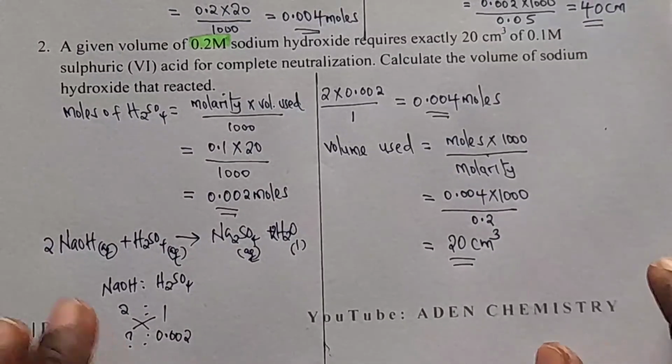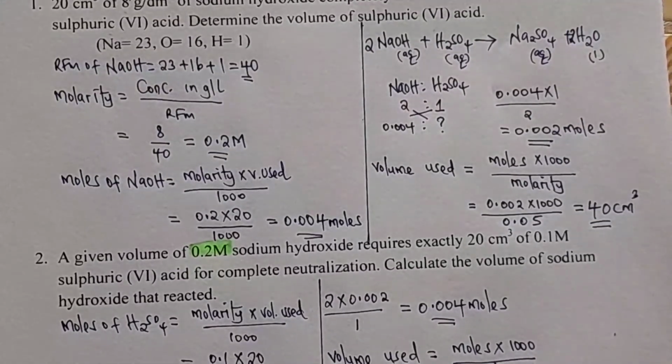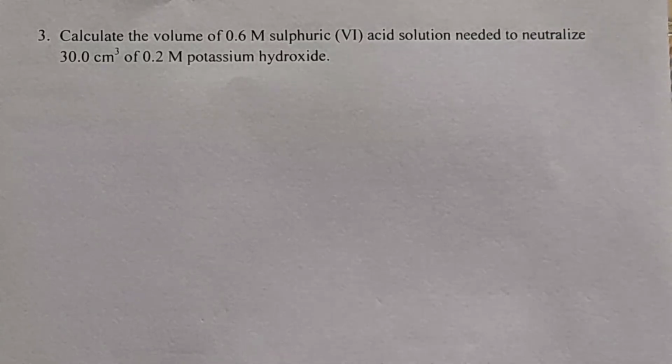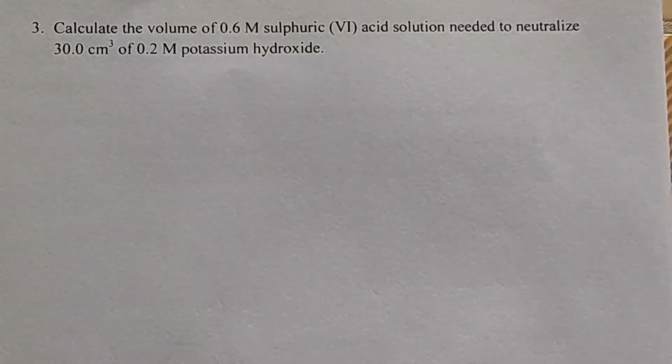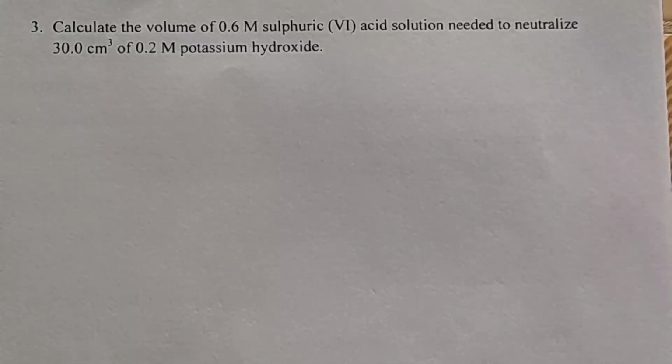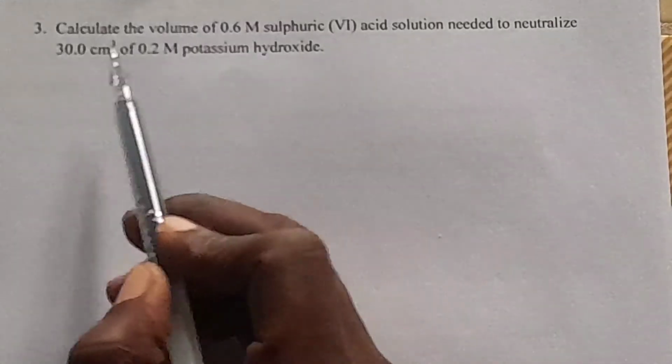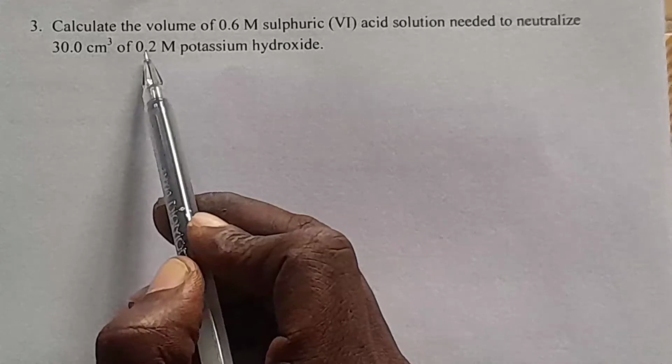Next, we are going to go to example 3. In example 3, we are told to calculate the volume of 0.6 molar sulfuric acid solution needed to neutralize 30 centimeter cube of 0.2 molar potassium hydroxide. We start first of all with the number of moles of potassium hydroxide, because we have the volume and we have its molarity.